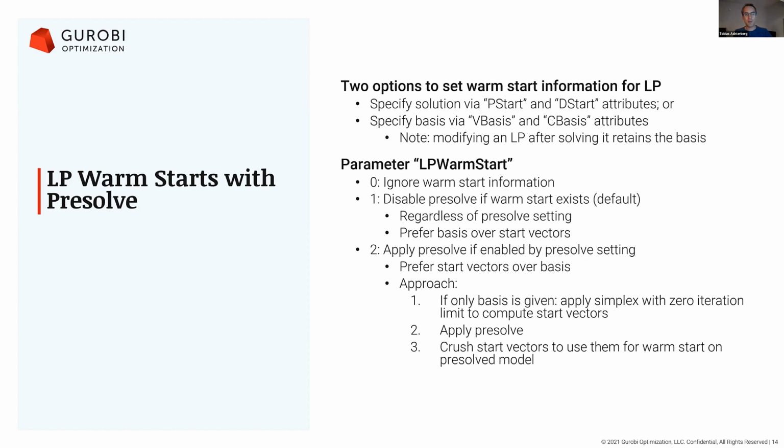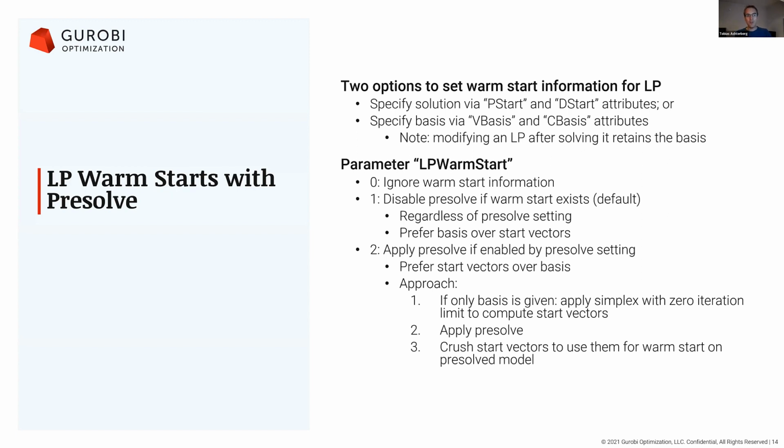Because we want to start from that basis and then just continue, and we would do that in the original problem formulation. And if you set both PStart and DStart and VBasis and CBasis, then this procedure would prefer the basis over the start vectors, because the basis is the combinatorial object that the simplex algorithm needs, and which can directly start from that.